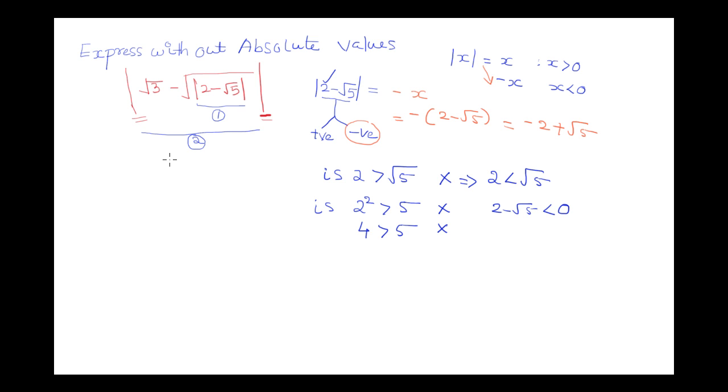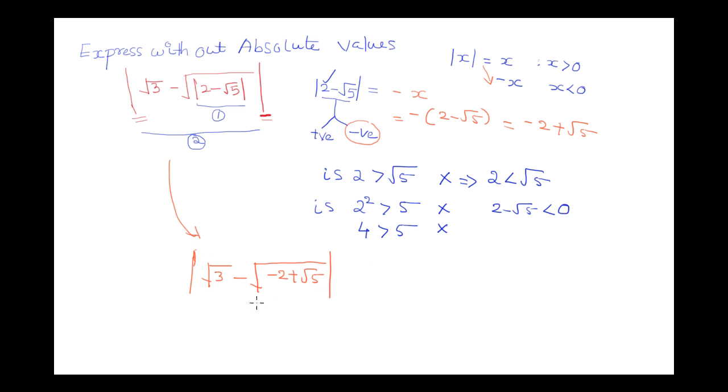So from here, absolute of root 3 minus square root of minus 2 plus root 5. Now one absolute function we have removed. This is what we have got.